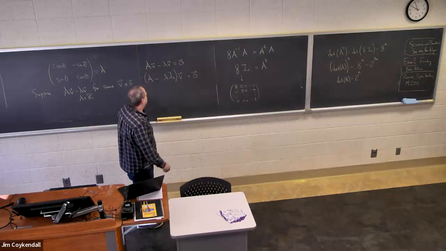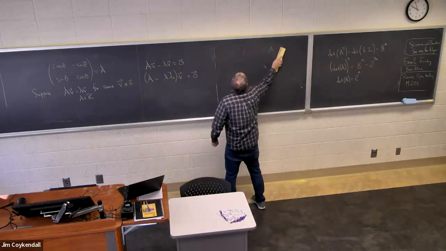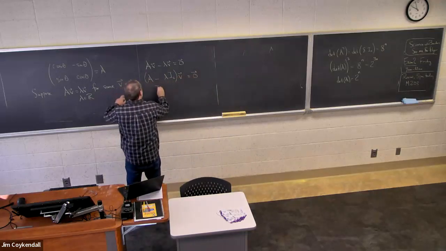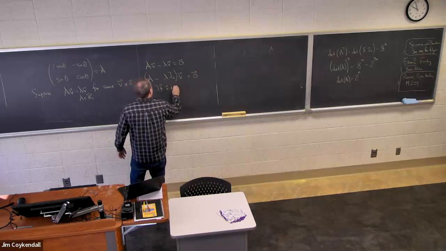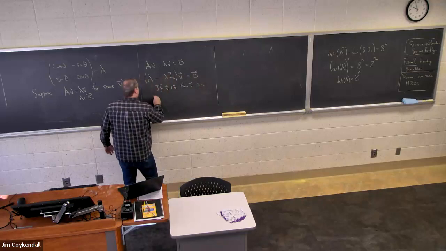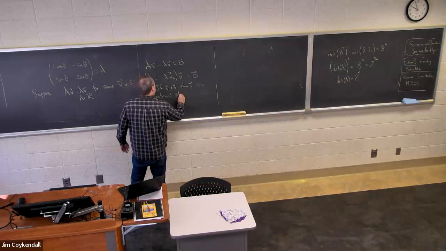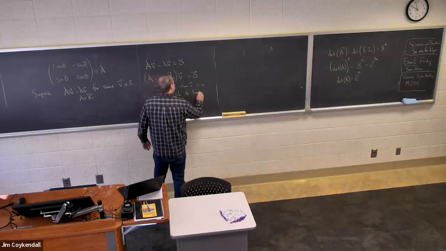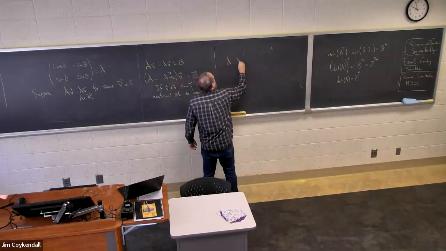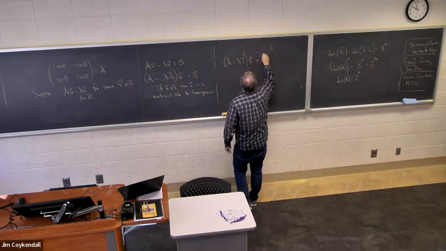So now I fix it. Now, what does this mean? If v is not 0, which is what we said here, then v is a non-trivial solution to the homogeneous equation A minus lambda I times x equals 0.